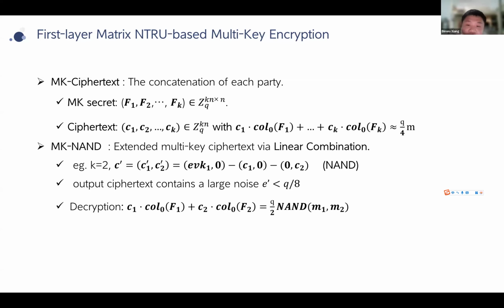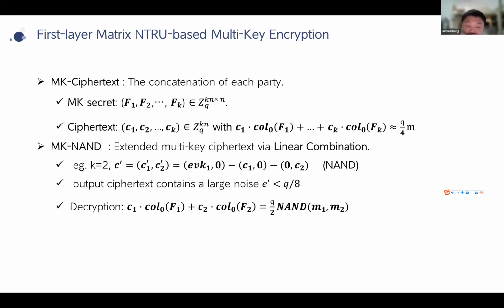The multi-key ciphertext is formed by combining the ciphertexts of all parties, and the secret key is also a combination of everyone's secret key. To decrypt, we just compute the inner product between the ciphertext vector and the first column of the secret key matrix. When it comes to the multi-key homomorphic NAND operations, we first extend the single-key ciphertext by padding with 0 to create a multi-key ciphertext.